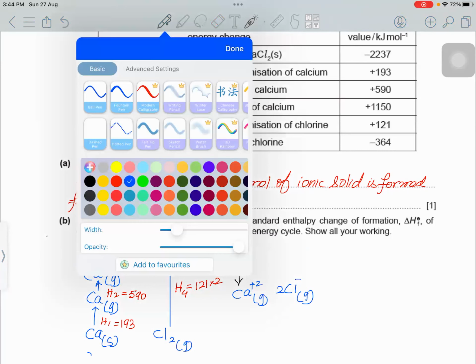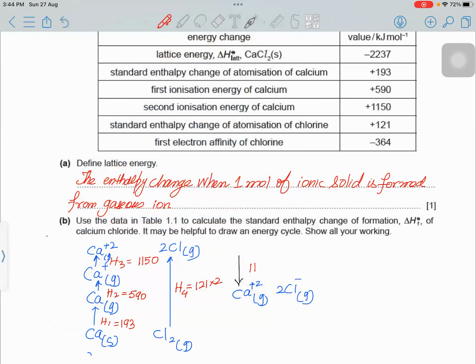Can you tell me H5? Two times electron affinity, very good, 2 times minus 364.